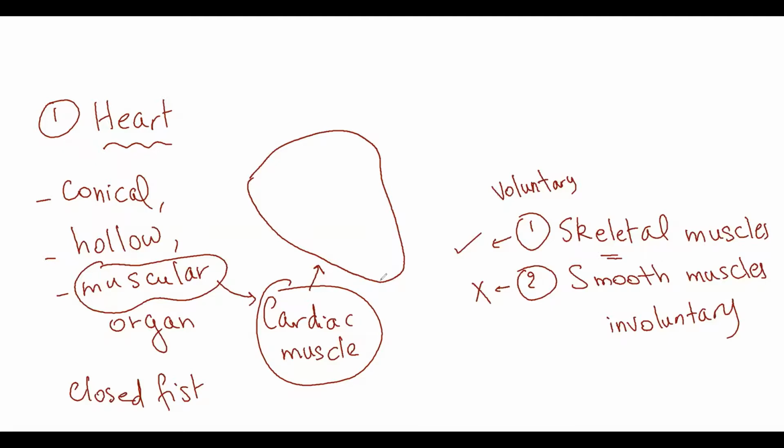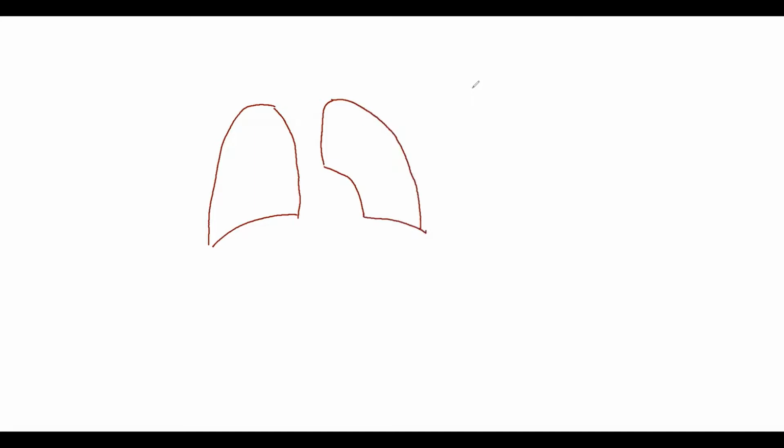But where is the heart found? The heart is found in between the lungs. If this is the right lung, like this, and this is the left lung, and I told you it is slightly smaller than the right lung. But why is it smaller? Because the heart is found here, to give a space for the heart.